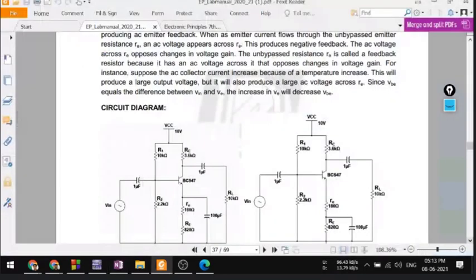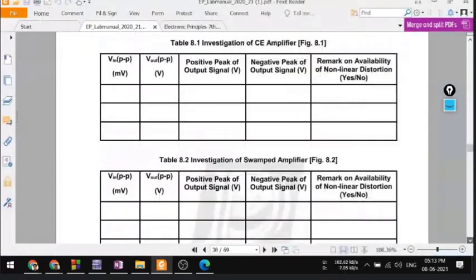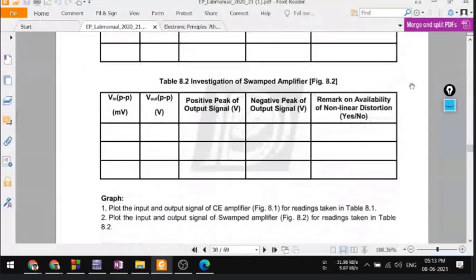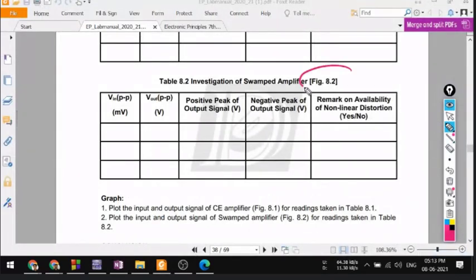This time using circuit 8.2, the swamp amplifier, with the unbypassed resistor. Carry out the same readings and find out whether distortion is present or not.